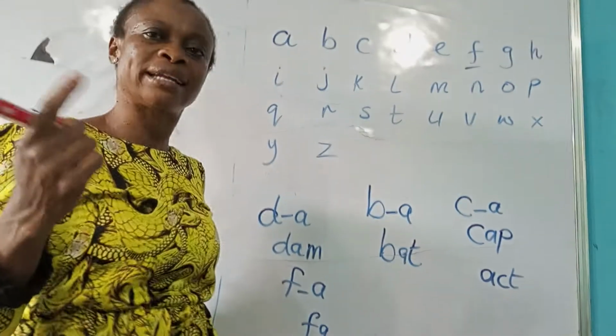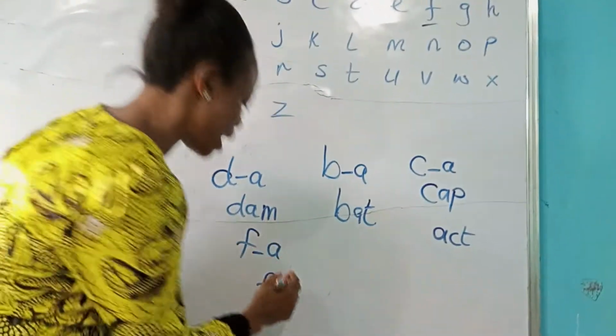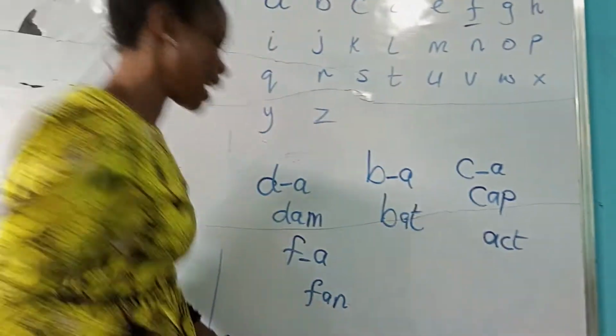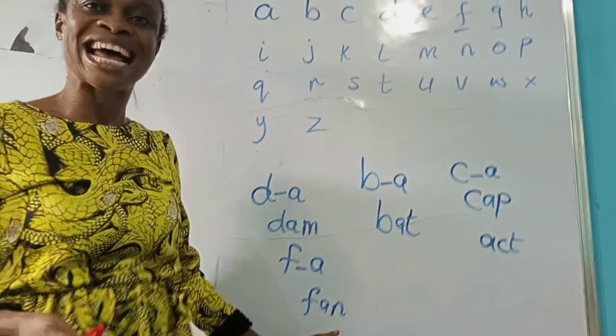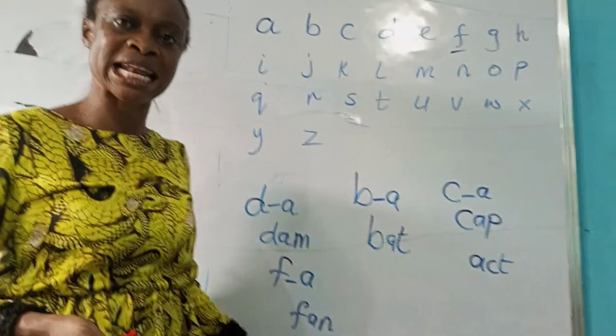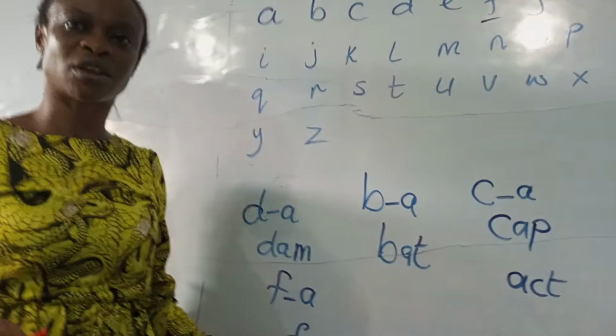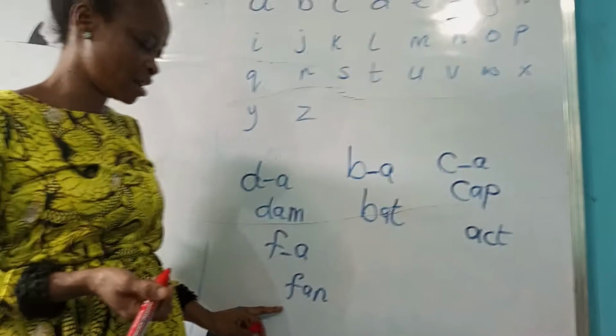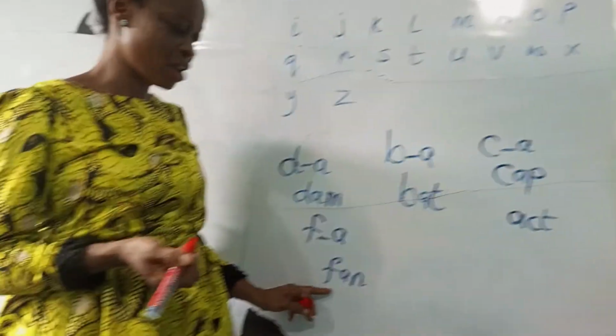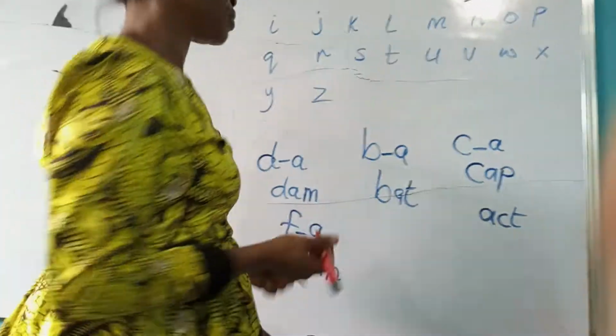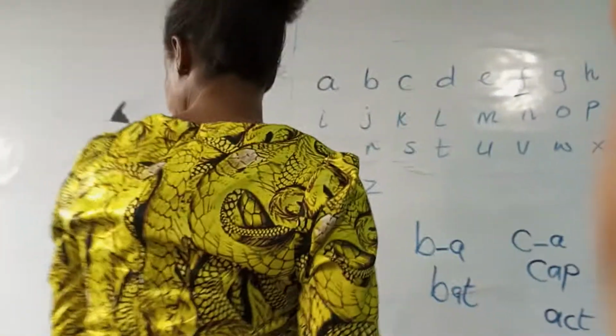Let's add a letter like letter N. Letter N has the sound N. So, F, A, N, that is fan. Okay. Let's proceed.